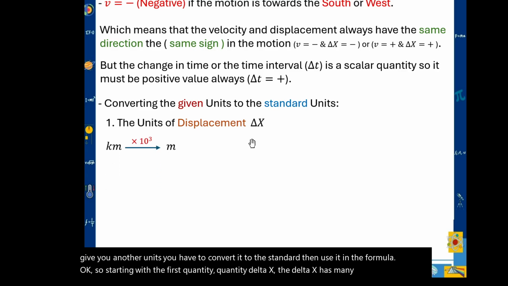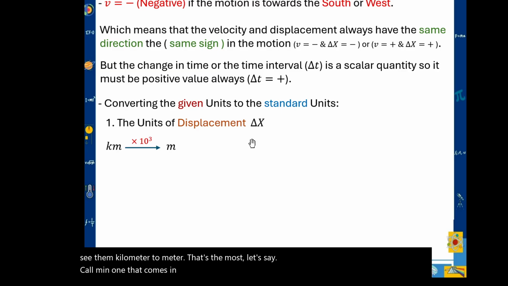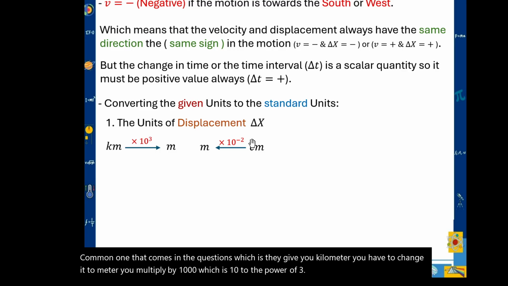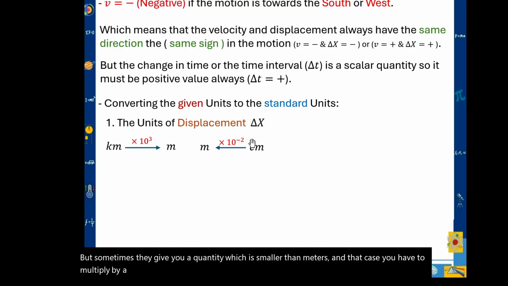Let's see them. Kilometer to meter is the most common one that comes in the questions. They give you kilometers, and you have to change it to meters. You multiply by 1,000, which is 10 to the power of 3. But sometimes they give you a quantity which is smaller than meters. In that case, you have to multiply by a negative power depending on the unit given.